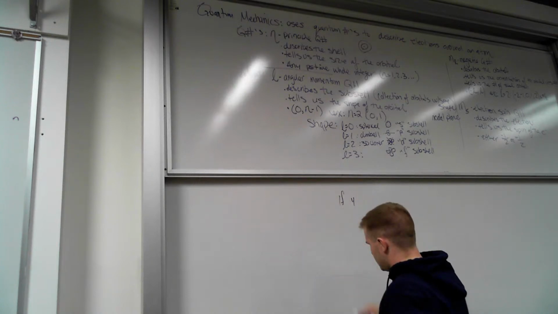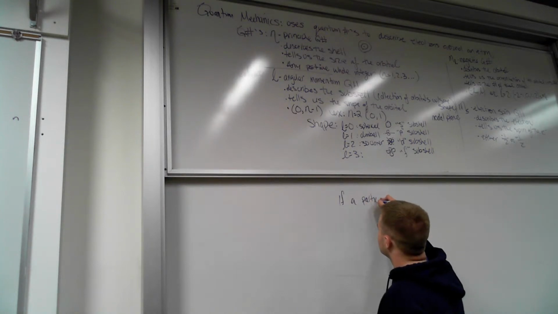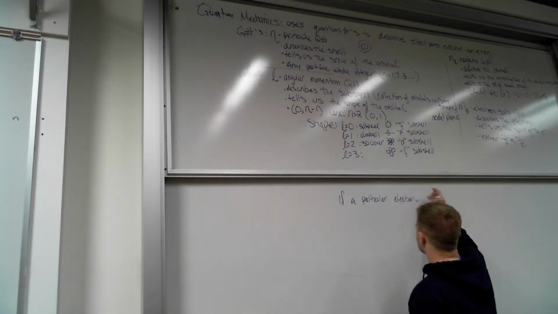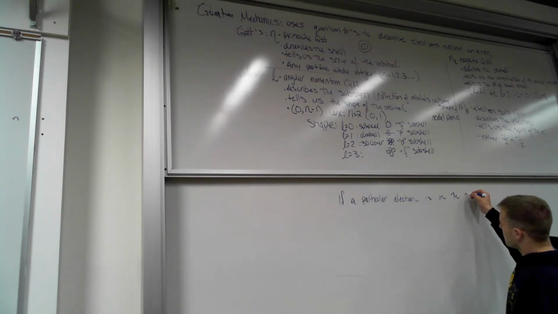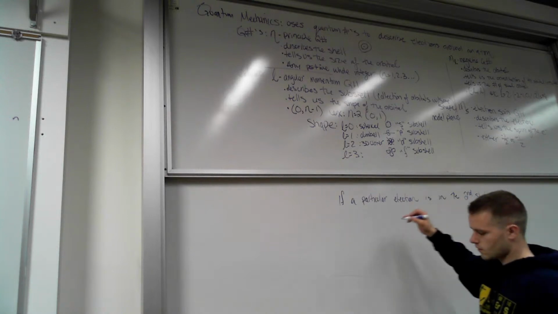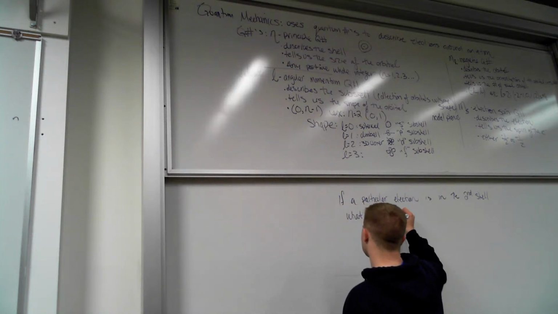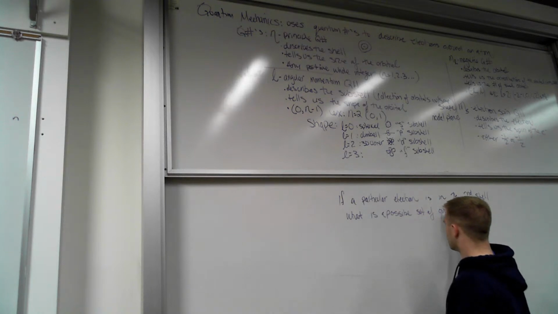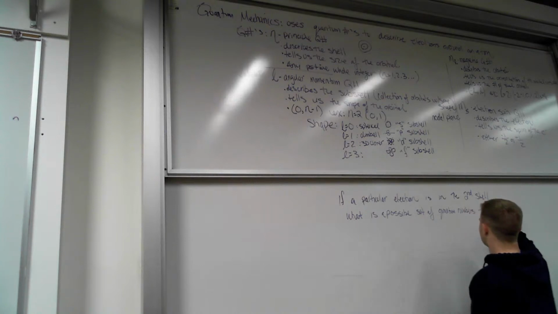All right, so if a particular electron is in the second shell, what is a possible set of quantum numbers to describe it?